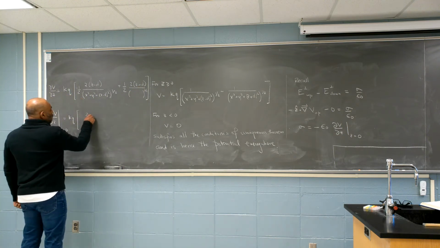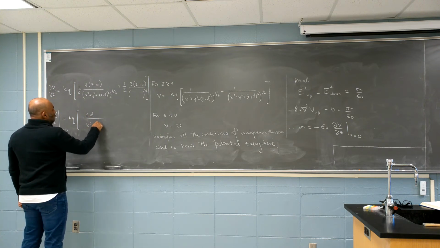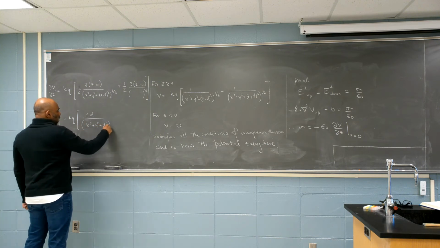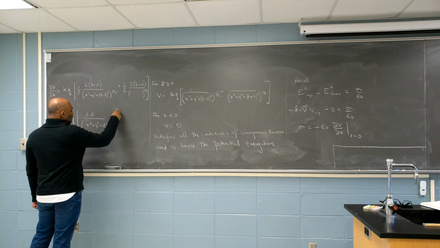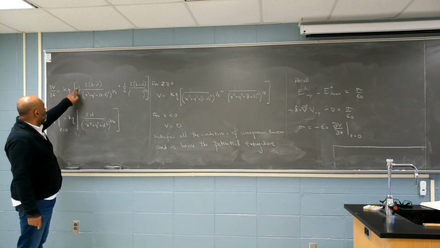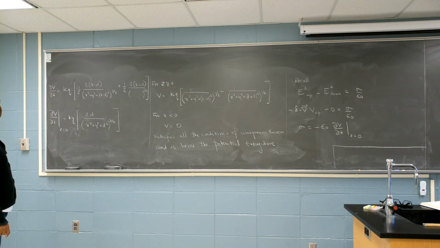So I get a 2d over x squared plus y squared plus d squared to the 3/2. Yeah? The half? Yeah, this cancels that. And this minus cancels that.